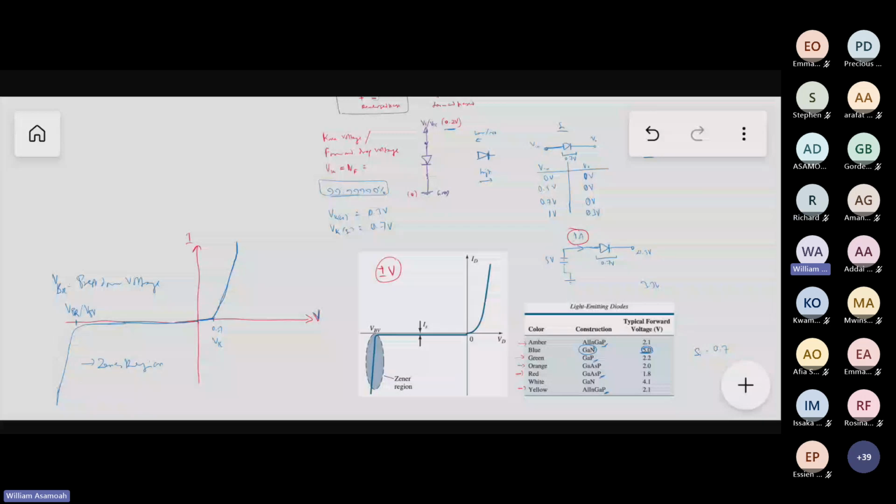Yes, Hassan. Hassan, please unmute yourself and speak. I don't know why I'm not hearing Asamoah. I can see he's speaking, but I'm not hearing him. His microphone is showing active, but does anybody hear Asamoah? No, sir.